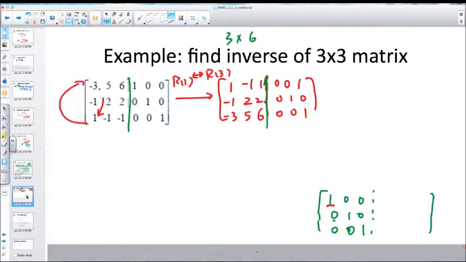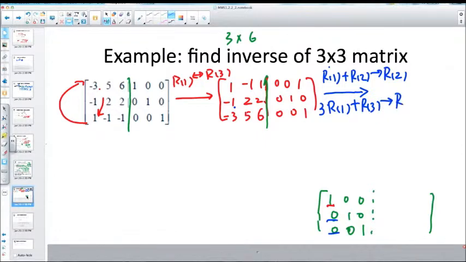Then you're going to use rule 3 to make this 0. To use rule 3, all I need is add the first row to the second row to become the new second row. Add 3 times the first row to the third row to become the new third row. So let me write it out.